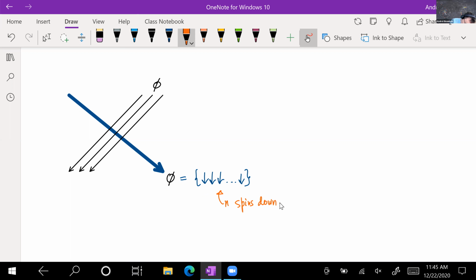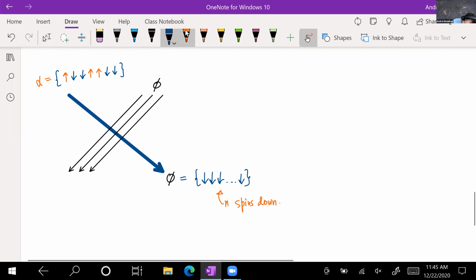Right? Then here is our class alpha. Our class alpha sits in the Grassmannian of k-dimensional spaces in n-dimensional space. So this could be represented by k of the spins being up, something like that.